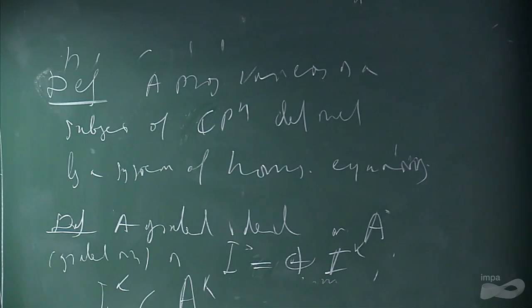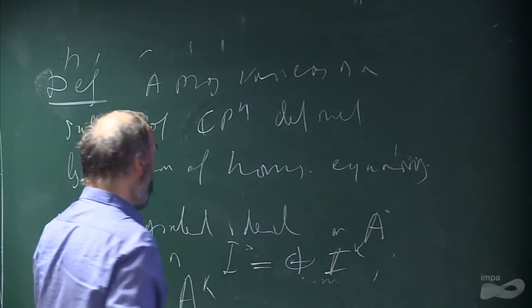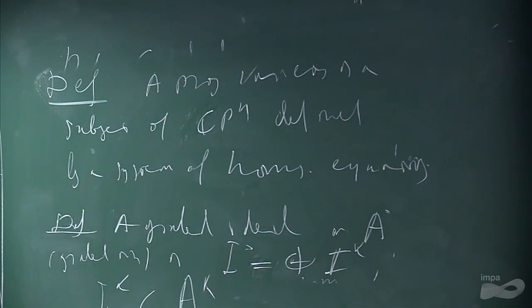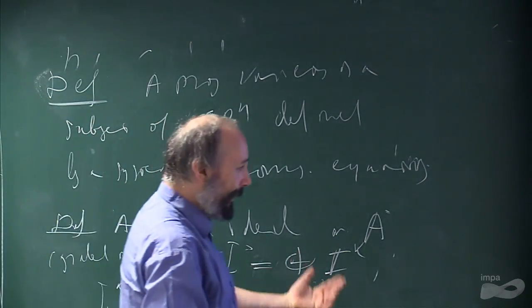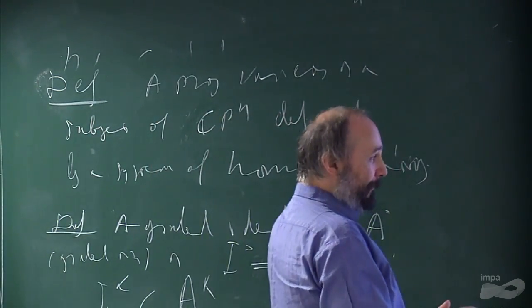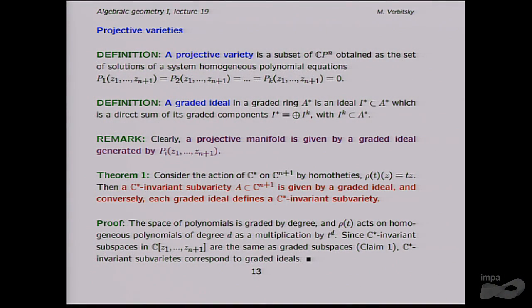Of course, not all ideals are graded, but all ideals given by homogeneous equations are graded. In fact, the zeros depend only on the ideal. This means that you don't really use equations, you use graded ideals. So the projective variety, sorry, not manifold, variety, is given by a graded ideal.